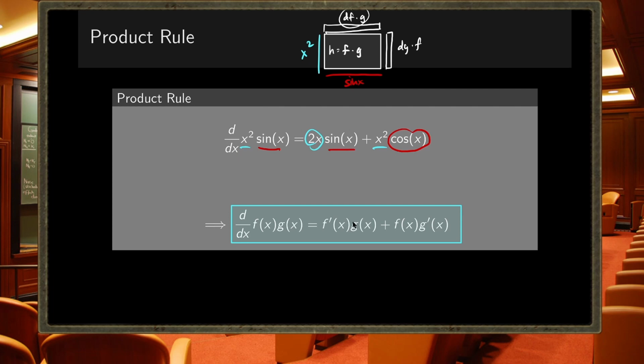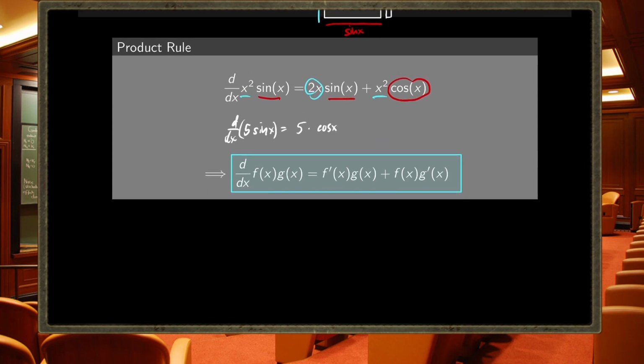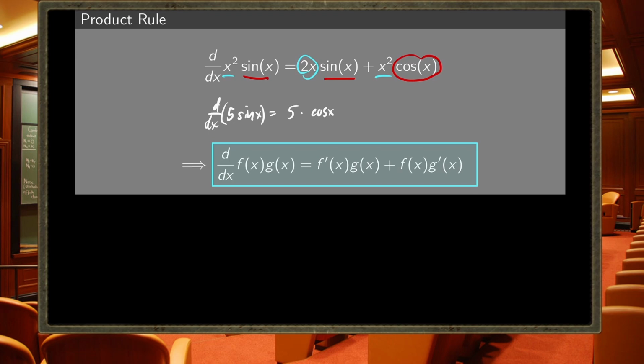It will still work, because if one of them was a scalar, maybe I'll just highlight that real quick. If this were like a scalar 5 sine x, and I go to differentiate this, I would prefer that you use the rule for scalar differentiation, which is this is just 5 times cos x, right? But maybe you should verify that this will work using the product rule.